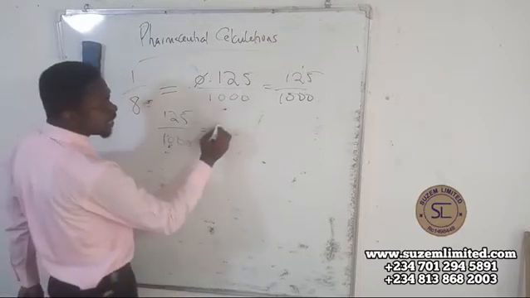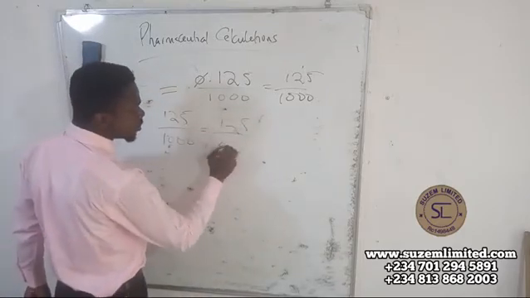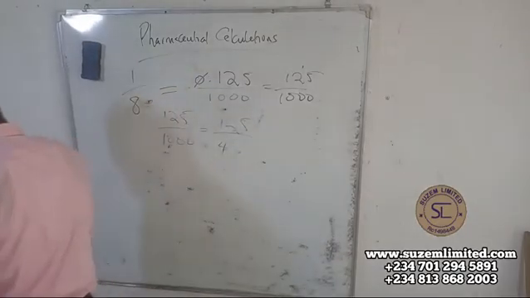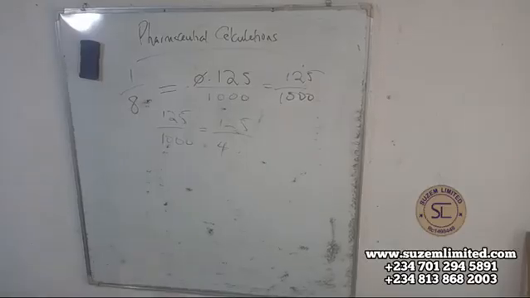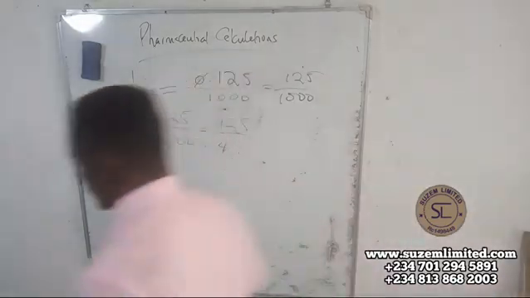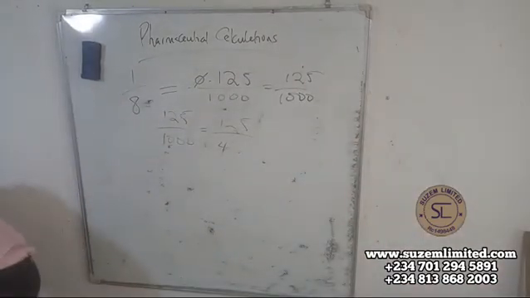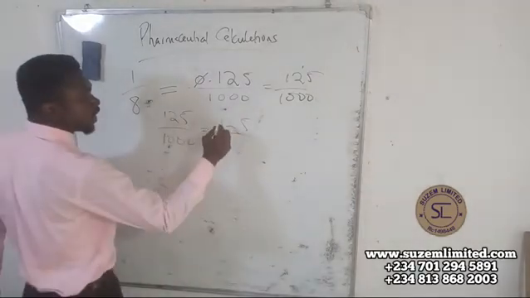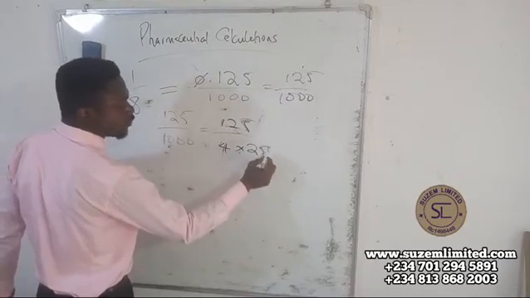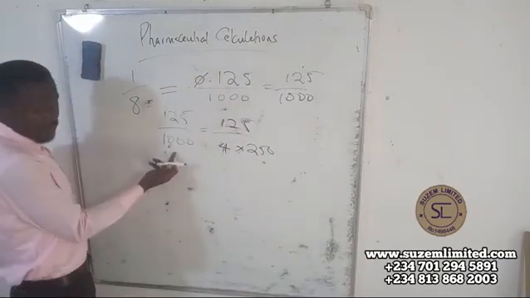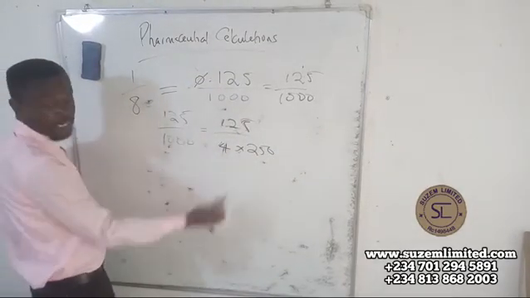So this is written as 125 over 4 times 250. You said here that there are 4 250s, so this is written as 4 times 250.